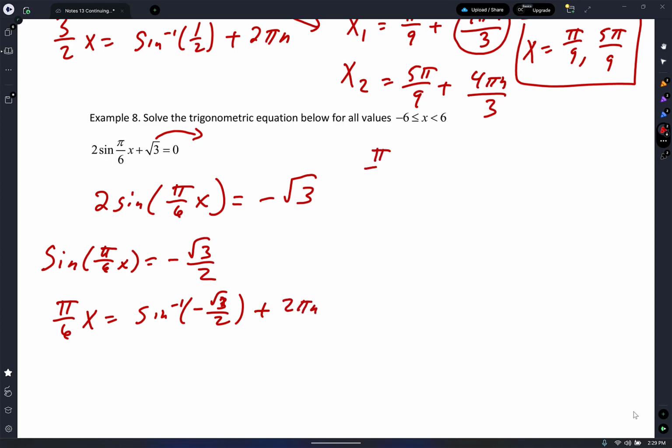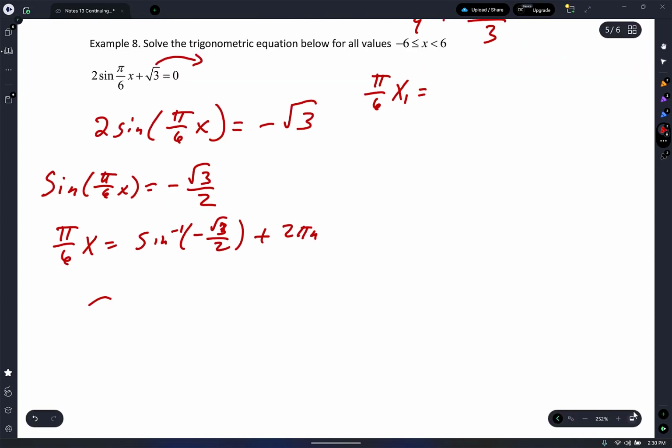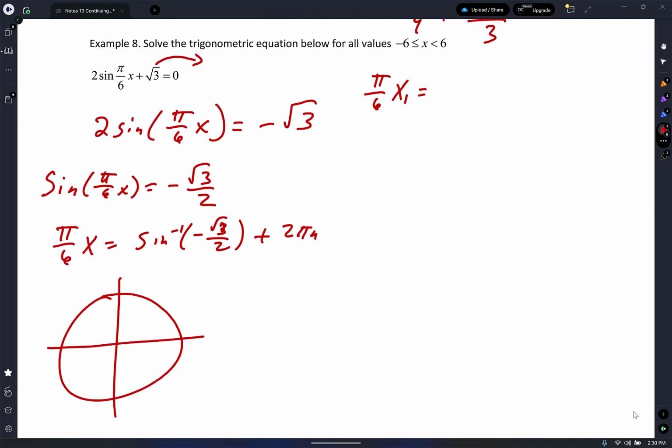So I'm going to write pi over 6 x1 equals, where is sine on the unit circle? -square root of 3 over 2. Let's see, I'll put it right here. It's going to be in quadrant 3 and in quadrant 4. The denominator is a 3.